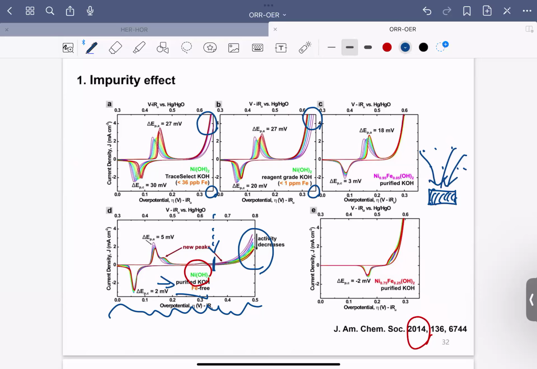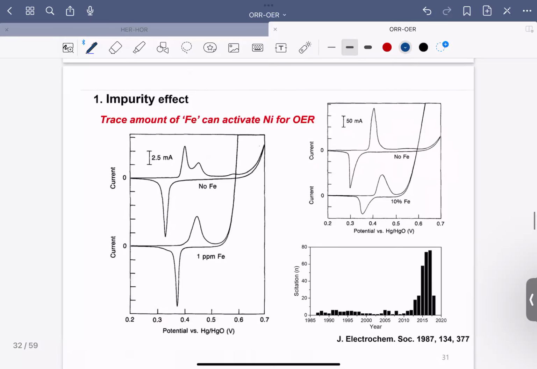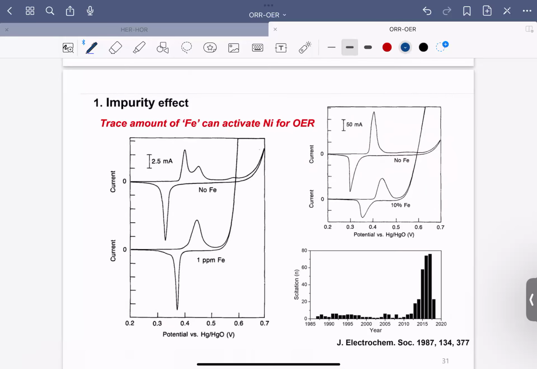This is really striking and very important, but please keep in mind that this was not first suggested in 2014. It was re-highlighted in 2014, but the interesting feature is that the original paper reporting the importance of a trace amount of iron for making a huge activity difference was already published in 1987, right? This is really striking, right?